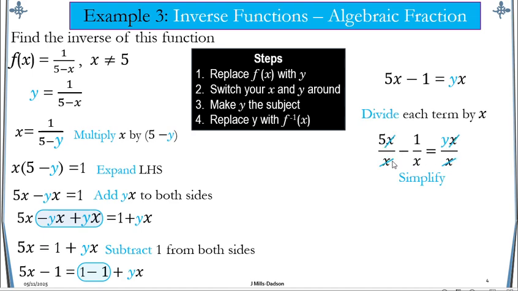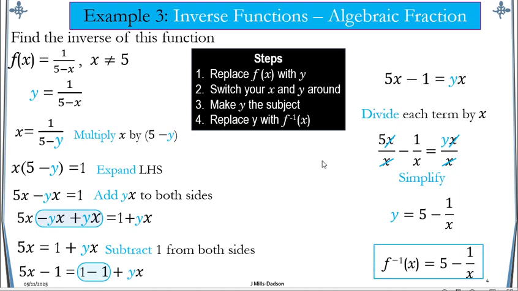And if I simplify it, I'm going to have 5 minus 1 over x equals y. Now that I've made y the subject, the last stage is to replace the y with the inverse function notation. Therefore the inverse function now becomes 5 minus 1 over x.